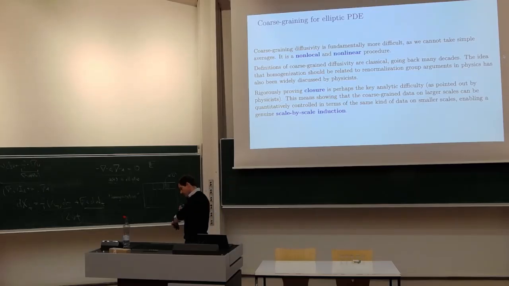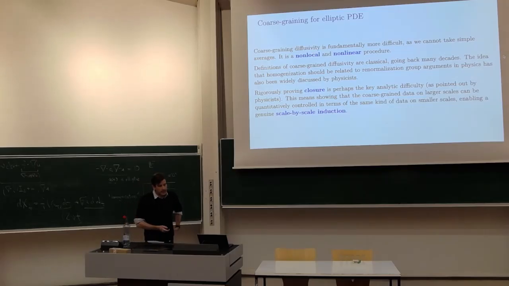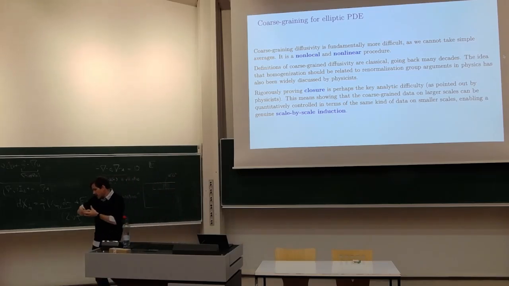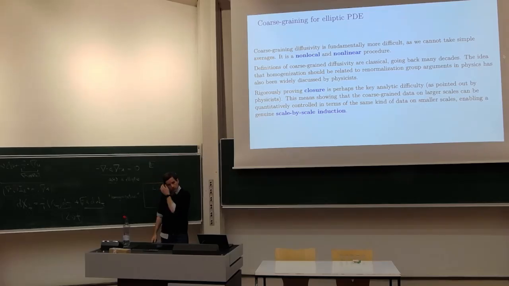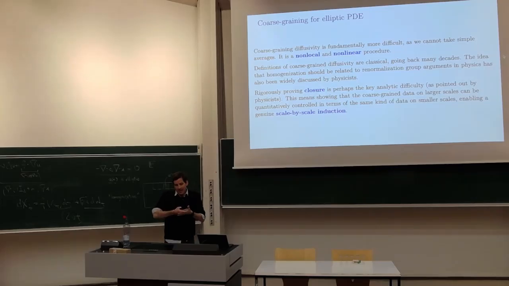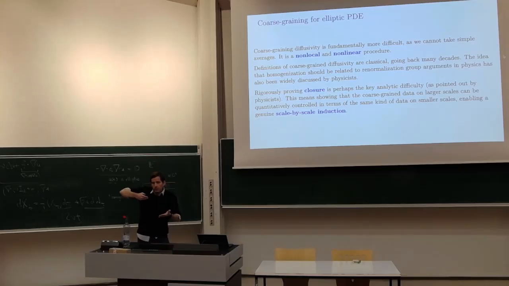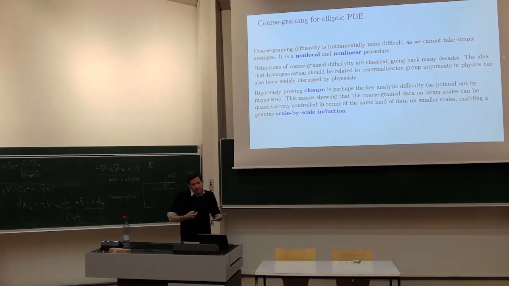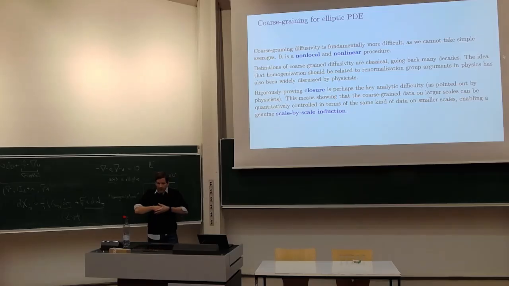Anyway, the hard part from the point of view of analysis is coming up with a coarse graining scheme which gives you closure. Because we have a true superdiffusion, it arises because we have summed little boosts to the diffusivity across many scales. If that's what's causing superdiffusion, then you have to go across an infinite number of scales, which means you have to have an induction argument, which means your induction has to close, right?